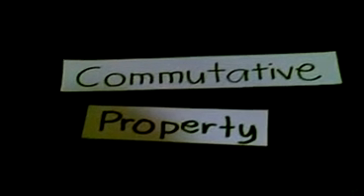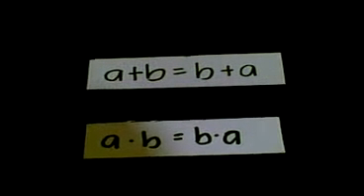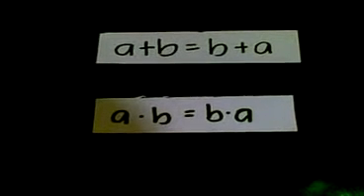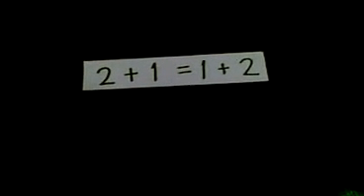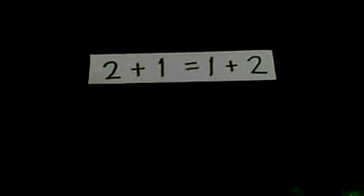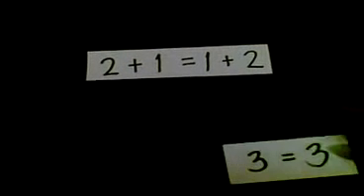The first property that we're going to discuss is the commutative property. The commutative property states that if A and B are elements of the set of integers, then A plus B is equivalent to B plus A, and A times B is equal to B times A. Example, 2 plus 1 is equal to 1 plus 2. 2 plus 1 is 3 and 1 plus 2 is also 3.